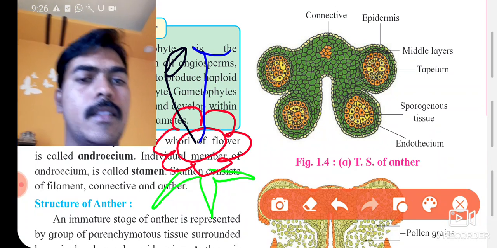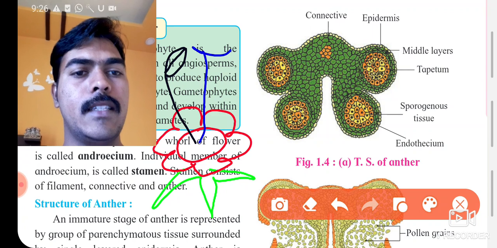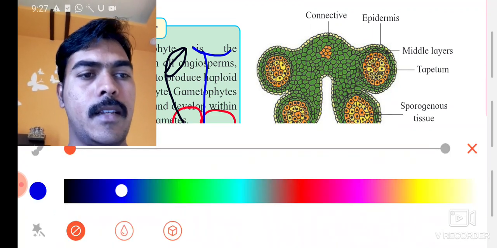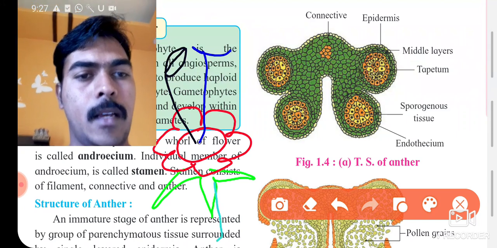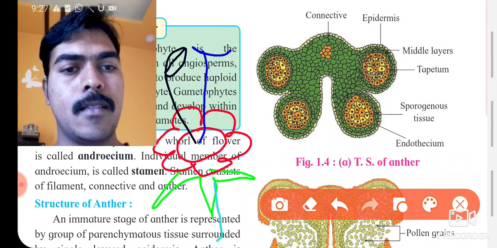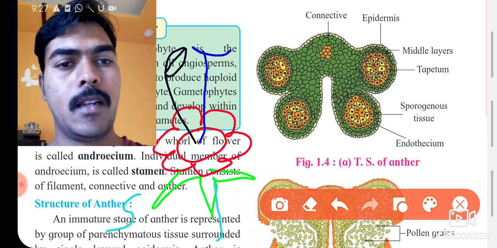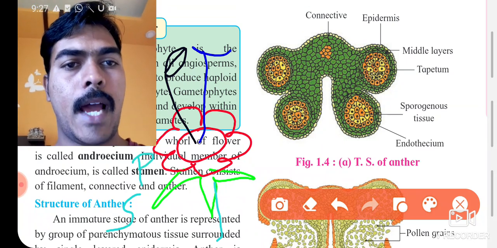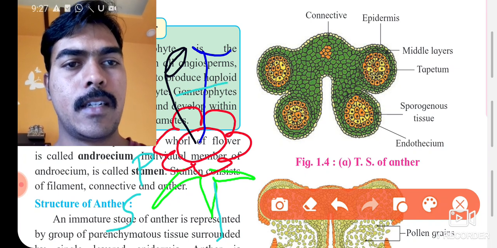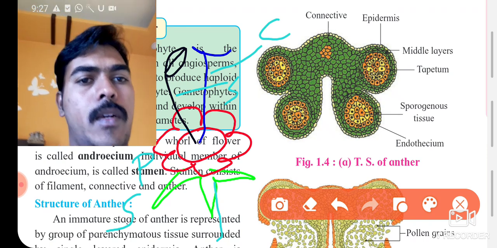The green one is called sepal, the red ones are called petals, the black one is called stamen, and the blue one is called carpel.